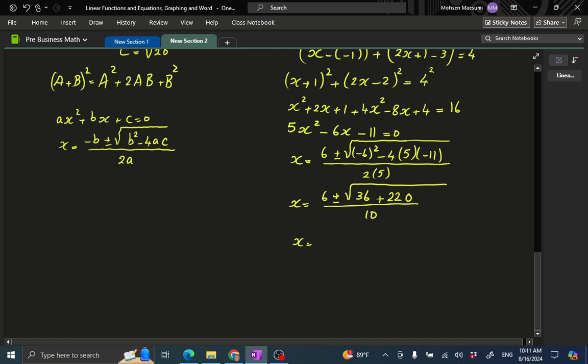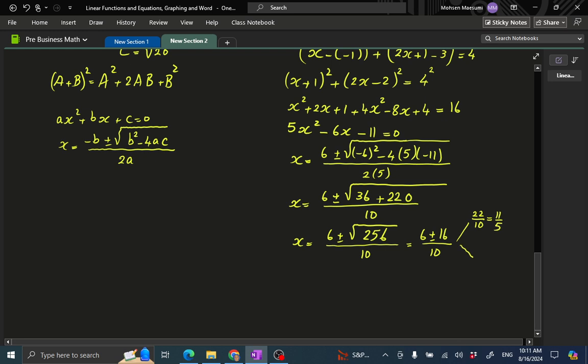Now x becomes 6 plus or minus the square root of 256. 256 is our lucky number because it comes out of the radical and becomes our friend. So it's 6 plus or minus 16 over 10. If you add them, 6 and 16 becomes 22 over 10, or if you simplify, 11 fifths.